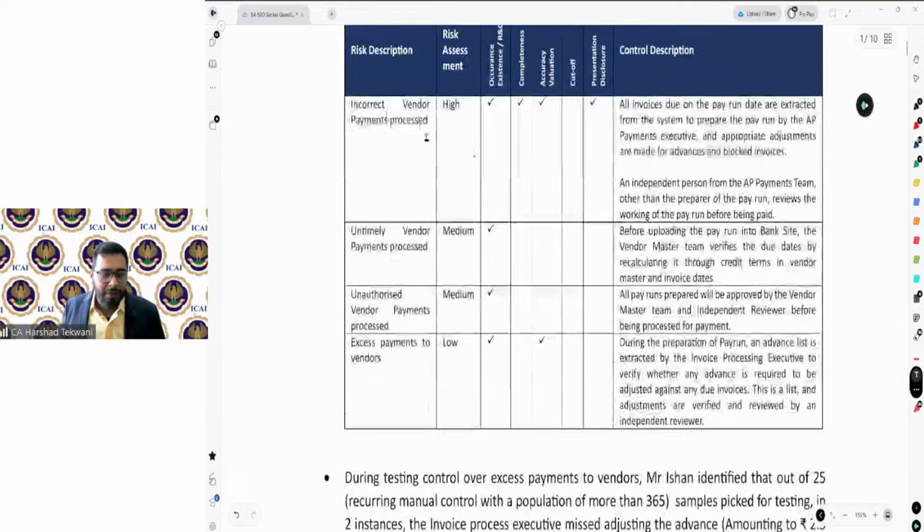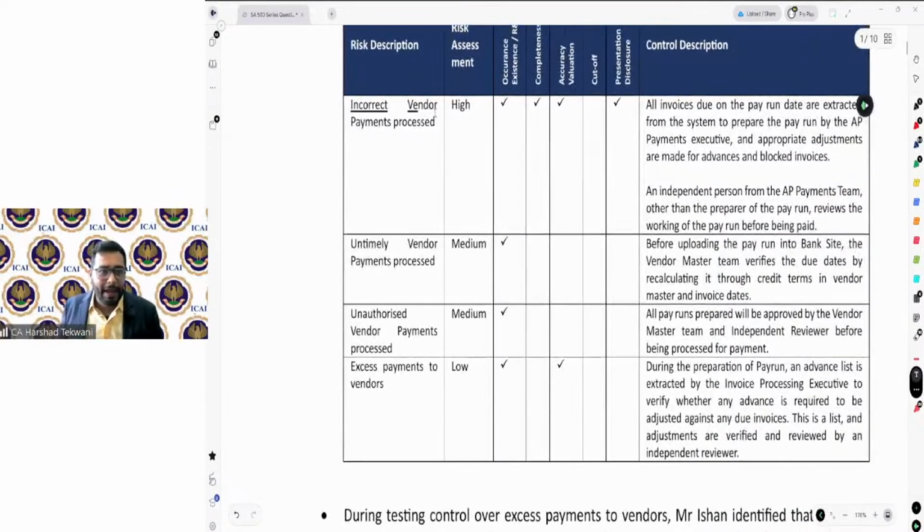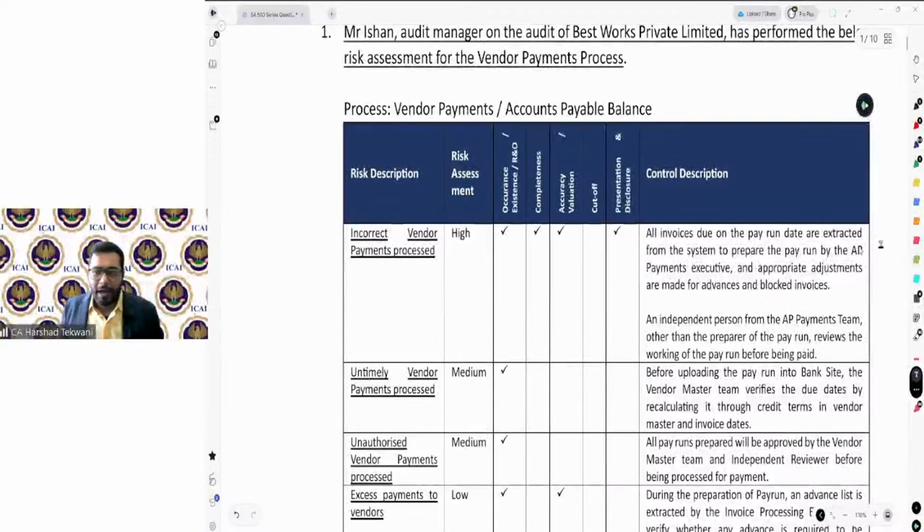These are the 4 risks that have been identified: incorrect vendor payment processed, untimely vendor payment processed, unauthorized vendor payment processed, and excess payments to vendors. Appropriate risk ratings of high, medium and low have been given, and the risk assessment has been performed at an assertion level.